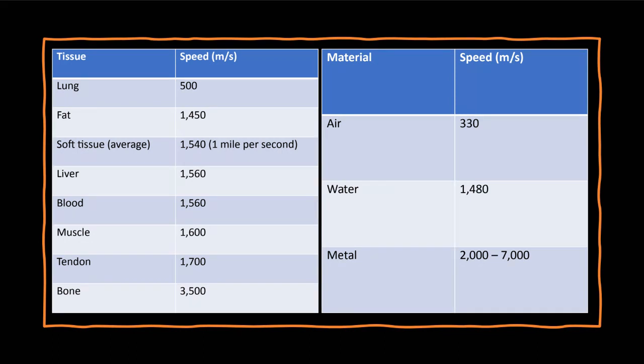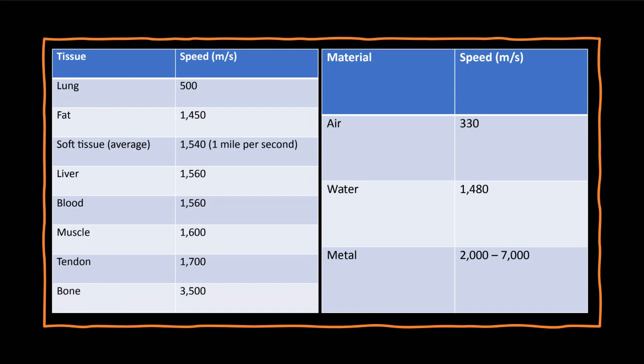Now, when we're trying to look through metal, this is kind of the opposite problem of what we have with air. Now it's traveling way too fast. So now it's beyond the normal value and range to compute an actual image, because the sound wave is going to hit that metal and it's going to make those vibrations go crazy, right? Air is kind of like a quote unquote vacuum.